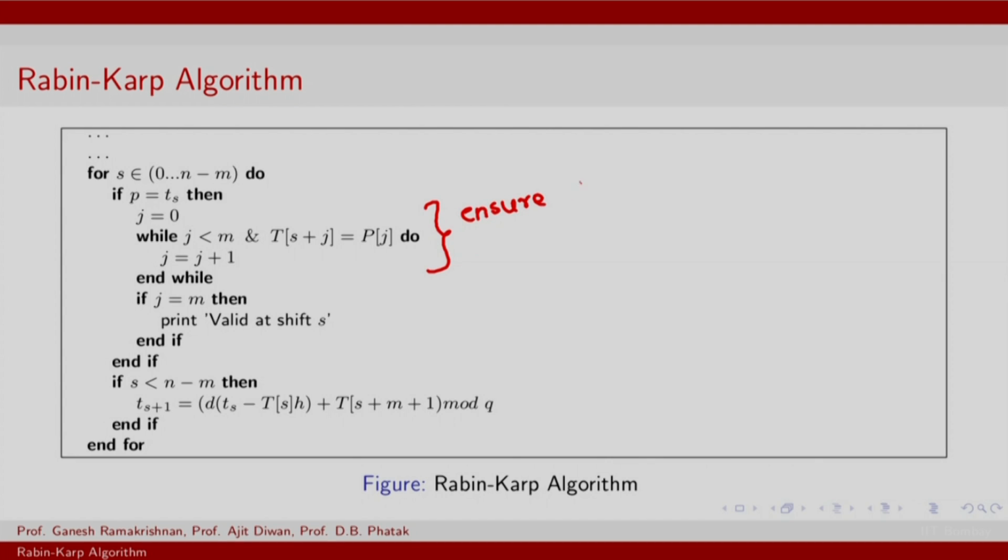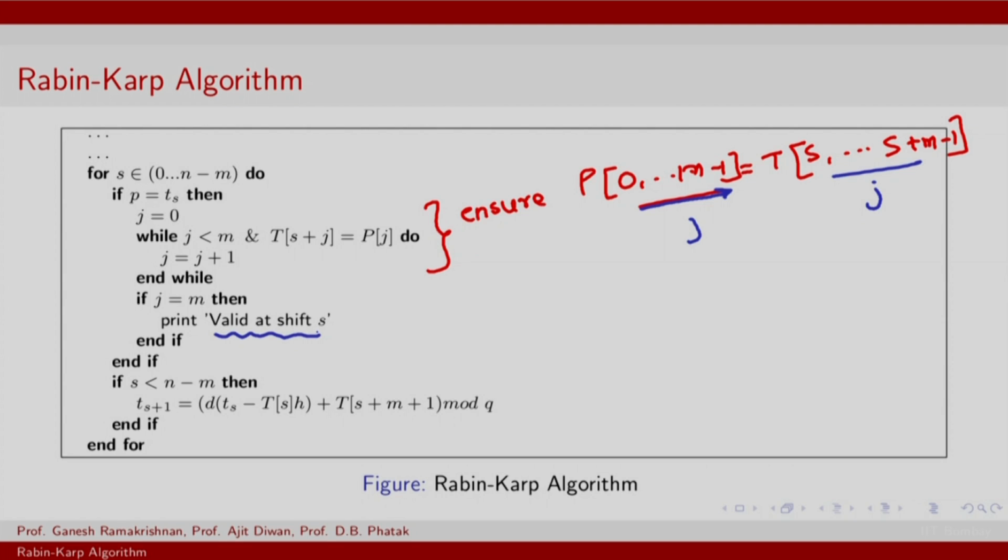So we ensure that p position 0 to m minus 1 indeed is equal to t starting at position s and going until position s plus m minus 1. So if j equals m, if the index j finds a match for all the m positions in both t and p, then we know that the shift at s is valid, or rather there was a match at position starting at s in t.